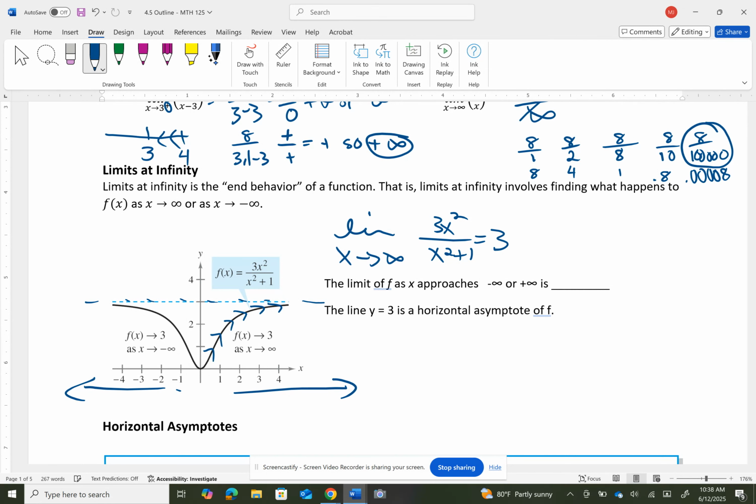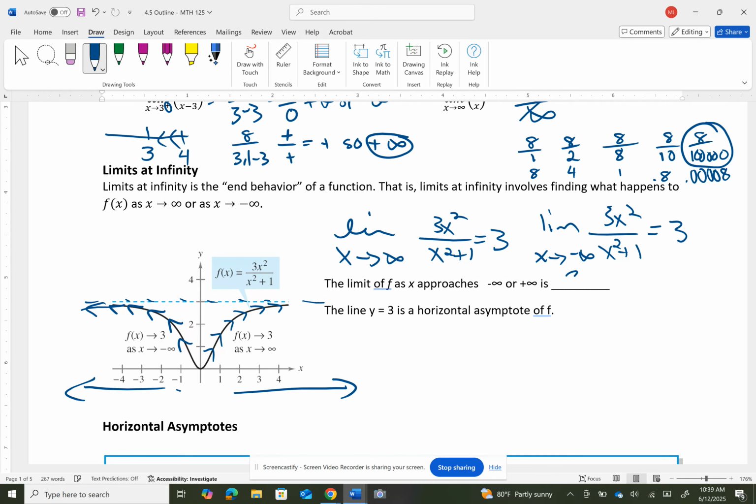And with this particular one, if x was going towards negative infinity, you're still approaching that same horizontal line up there at 3. So the limit of that function as x goes towards negative infinity, from the graph we can see, would also equal 3.